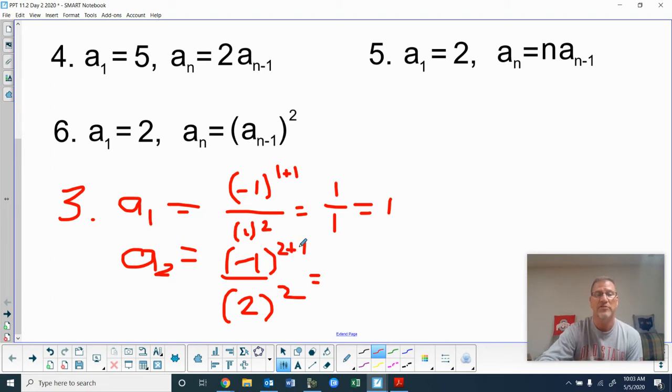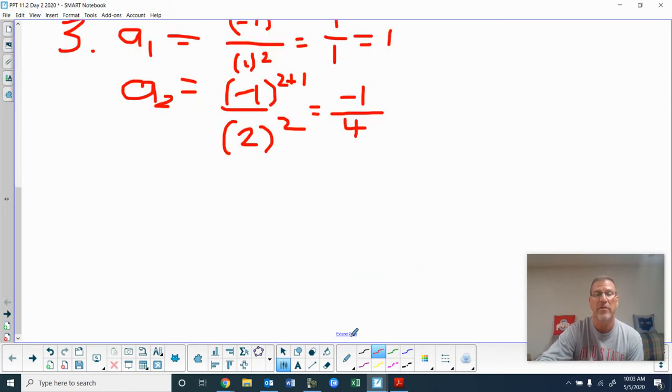Well, 2 plus 1 is 3. -1 to the third is -1 times -1 times -1, which is actually -1. Some of you forgot that on your homework. And then 2 squared is 4. So the second term is -1/4.